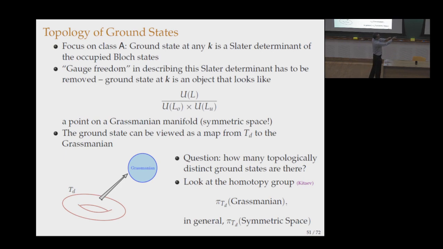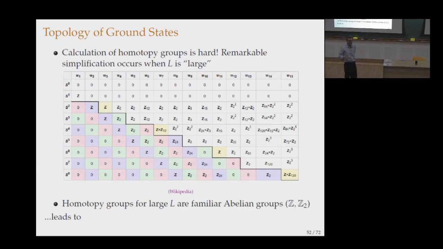So by the way, for this UL, this is called the Grassmannian, now that's just technical, right? I need to find the homotopy of maps from the d-dimensional torus to symmetric spaces. So now you will say, okay, this is a problem in math. Okay. So it turns out that this is not such an easy problem, right?